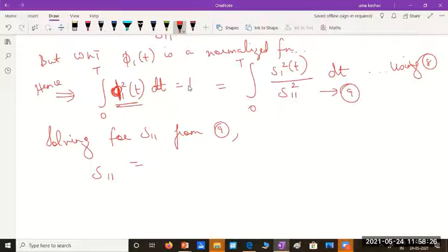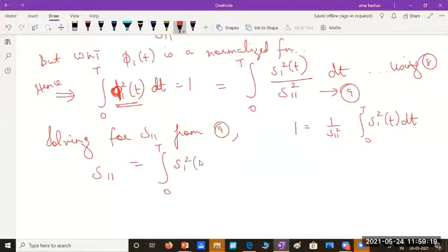If I bring it outside and cross multiply, 1 by S11 square comes outside, it is a coefficient, and the integral of S1 square of t from 0 to T dt remains.